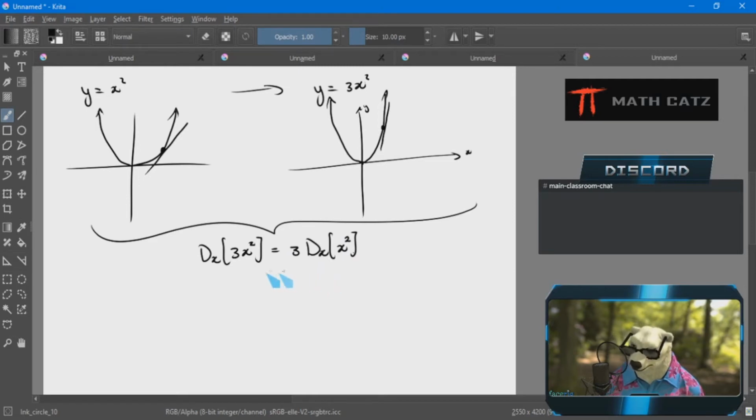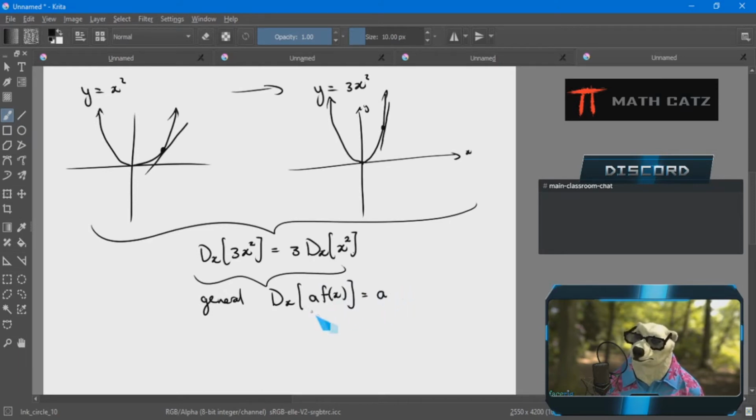So that means that if I generalize to the derivative of any function, any number multiplied by a function, could be just x squared, could be something more difficult, doesn't matter, it's going to be the same as the number times the derivative of the simpler function.